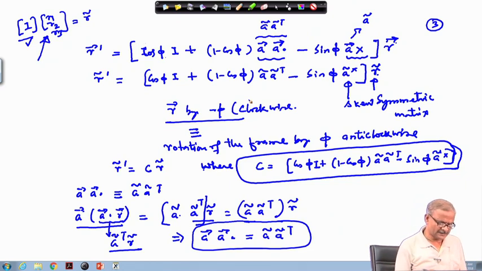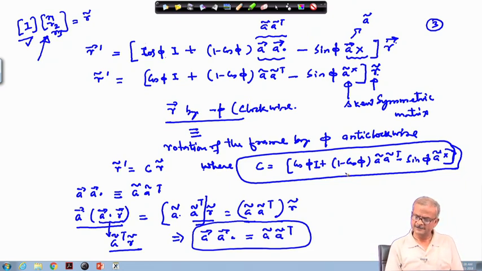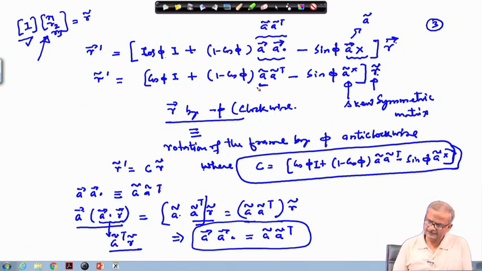So, this proves that indeed the C matrix is a rotation matrix which rotates any vector r about the fixed vector a, which in this case is the eigen axis. Now, from here we go into Euler's theorem, which we have been working with.